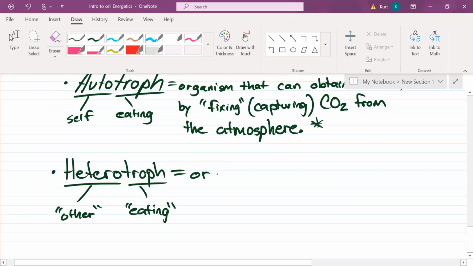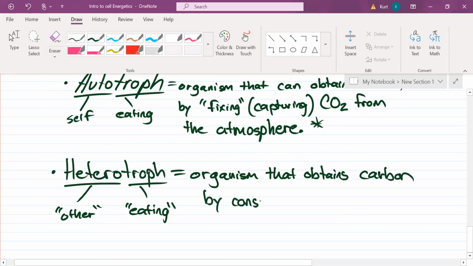And a heterotroph is an organism that obtains carbon by consuming organic compounds. In other words, you're shoving food into your face hole.